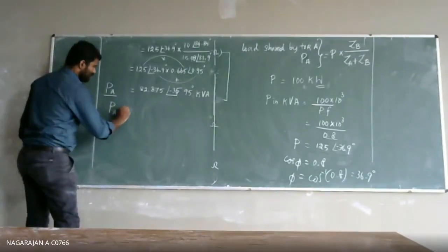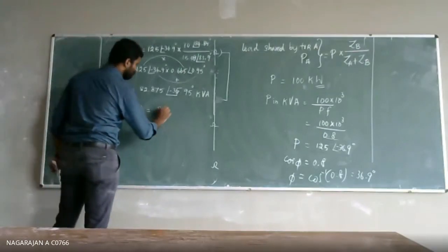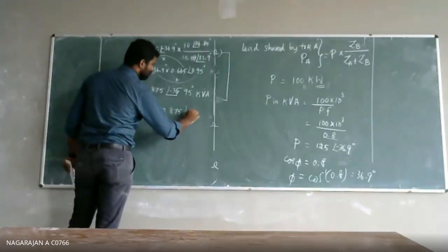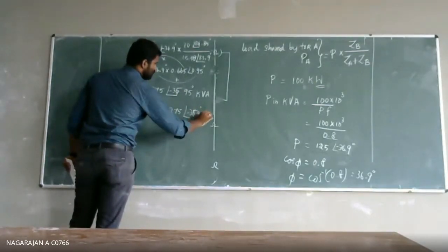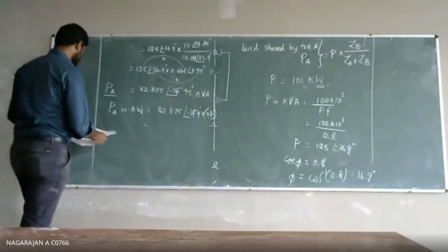PA in kilowatt, I'll get 82.875 into 0.8, which is the power factor. Okay, so what is the answer I will get?